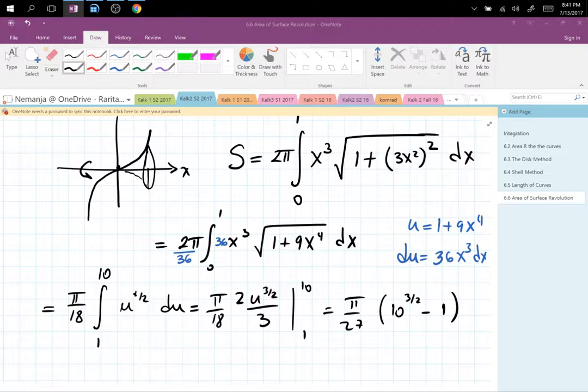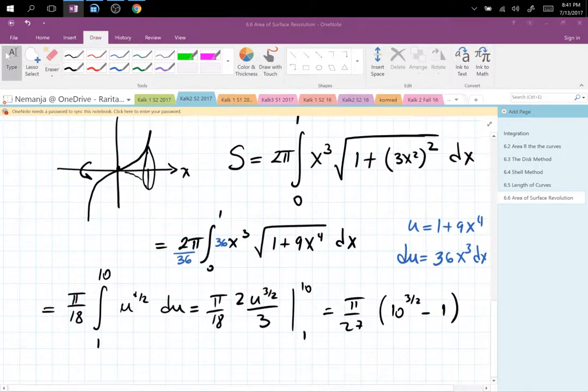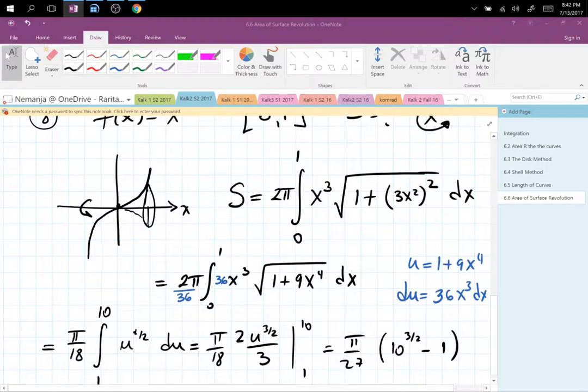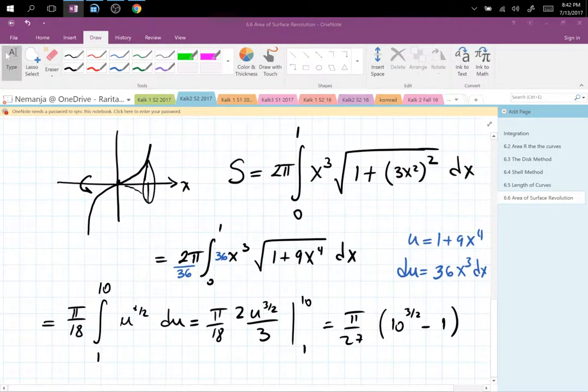Any other questions, concerns? Why did we change the upper and lower limits to 10 and 1? Because we were using U substitution. These limits, 0 and 1, are X limits, from X1 to X2. And as I'm changing domain from the X domain to the U domain, the limits have to match.